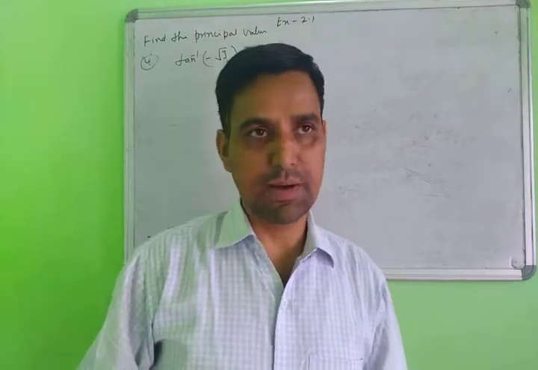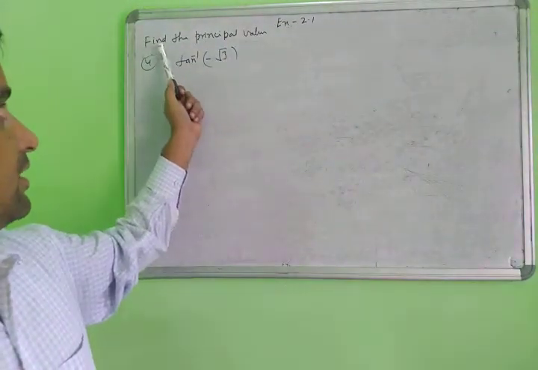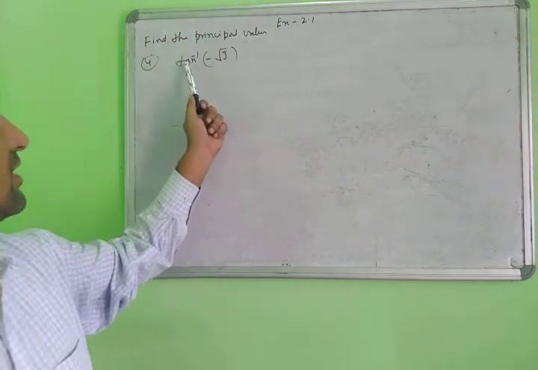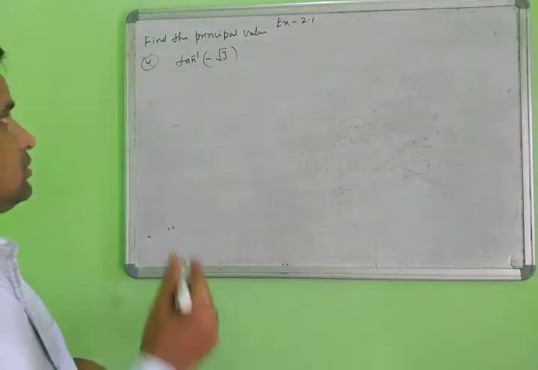Yes, class. Next question I am taking question number 4. The question is similar, but the range of the principal value is different here. The question is tan inverse minus root 3. What is the principal value here? So now start the solution.